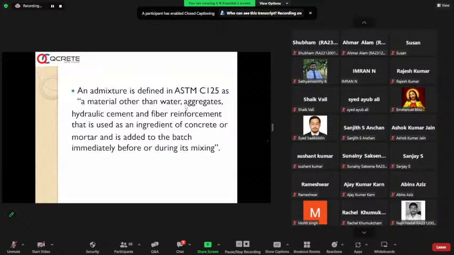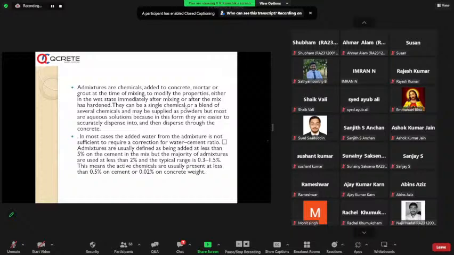Admixtures can be used in a certain dosage. Generally, the dosage here is between 0.6 to 1.5, 2%.